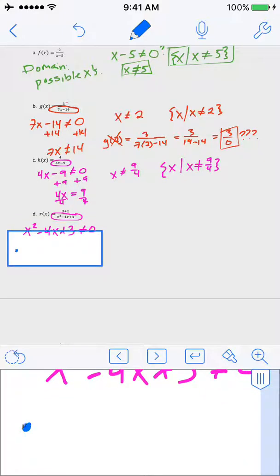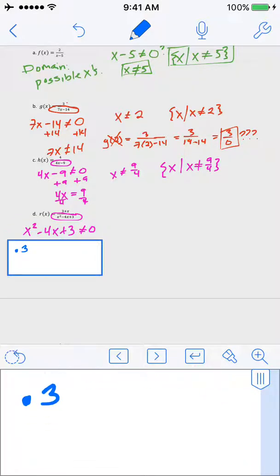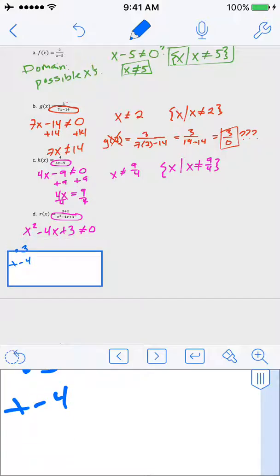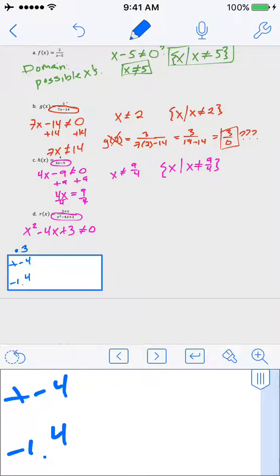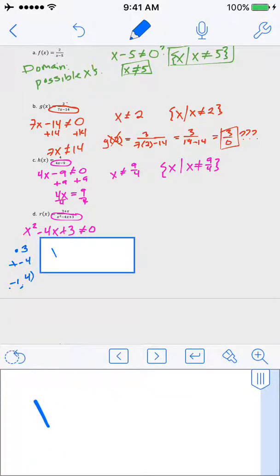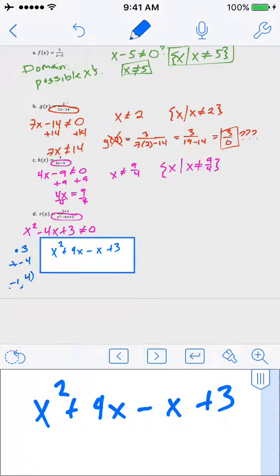So 2 numbers that multiply to 3 and add to negative 4. That would be, let's see, 1 and 4. In order to get a positive 3, the 1 would have to be negative. Alright, so those are my numbers.